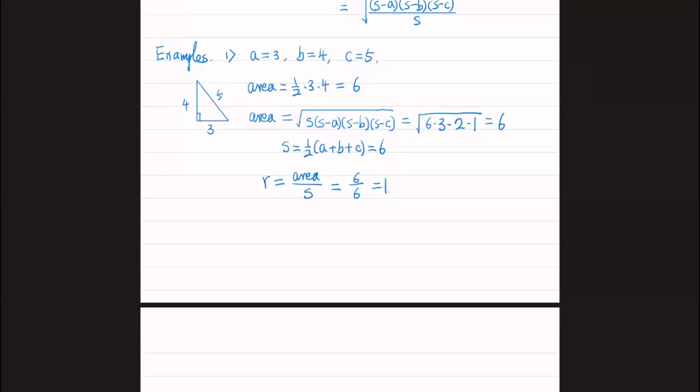What about the next one? If I'm going to move to 4, 5, 6, 7. Let's find the inradius.